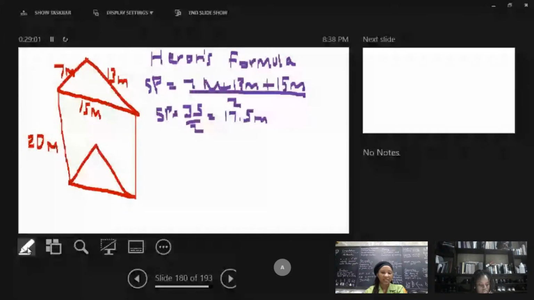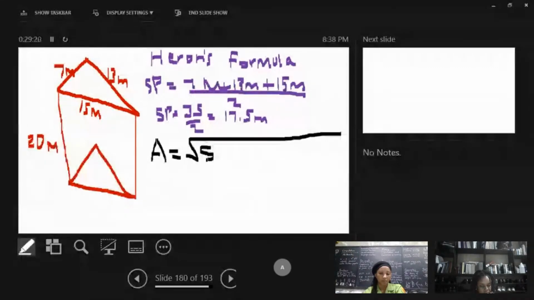All right, so what's the next thing we do? Then we put area equals the square root of the semi-perimeter, bracket, hold on, let me just put what it is.